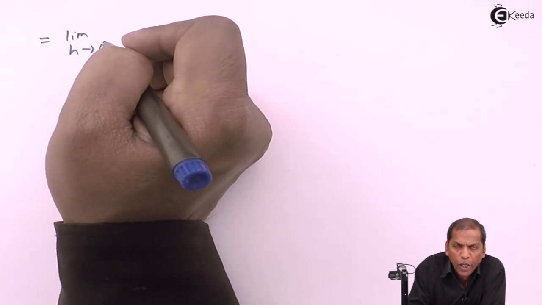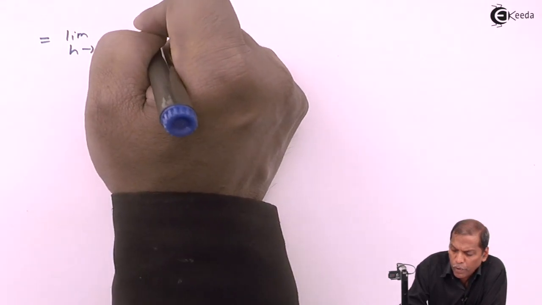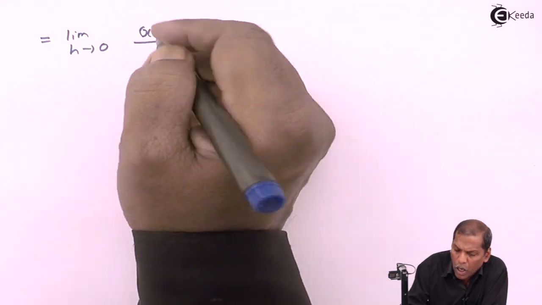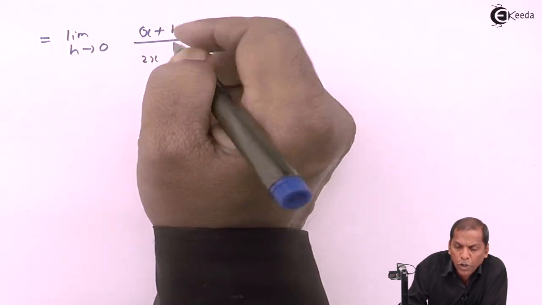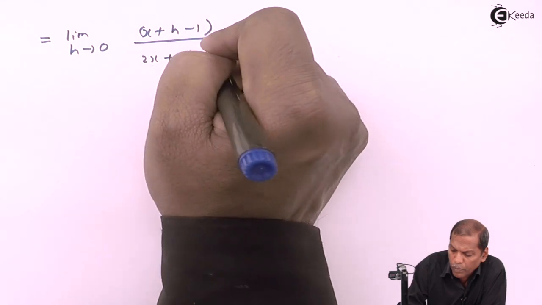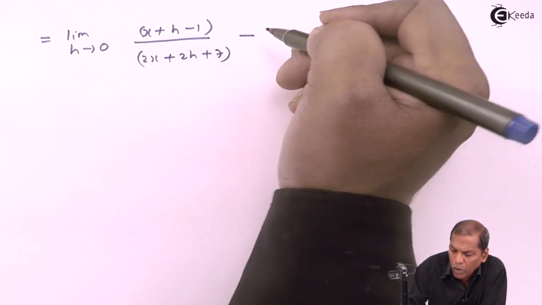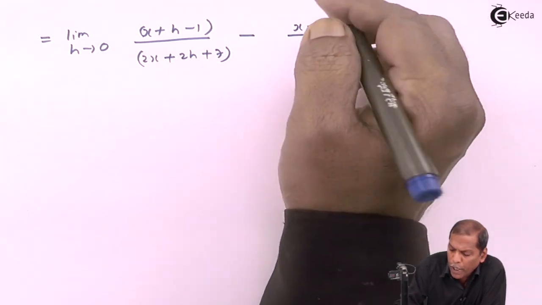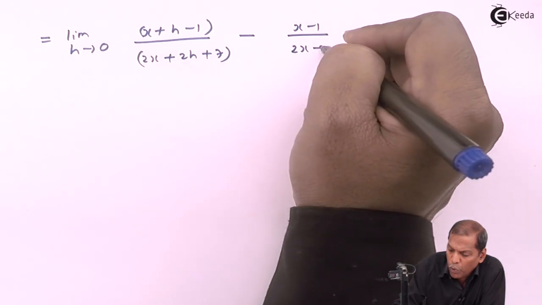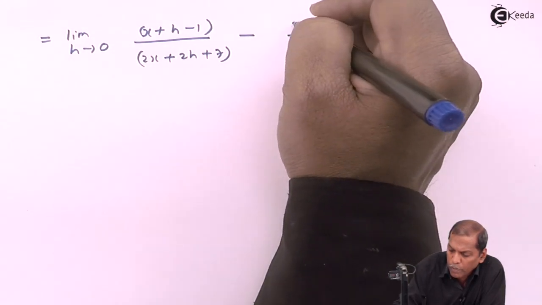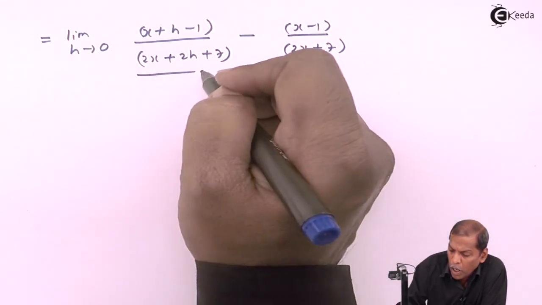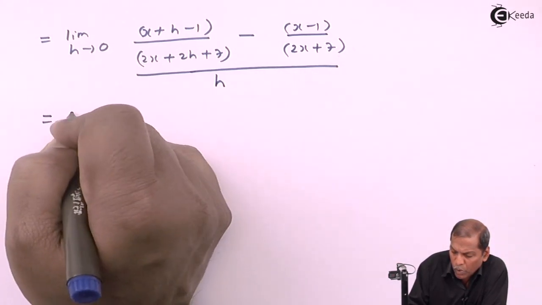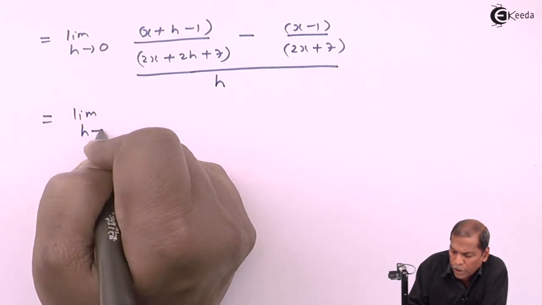Now for f(x + h), we substitute the value (x + h - 1)/(2x + 2h + 7), then minus f(x), we substitute (x - 1)/(2x + 7), and the whole thing divided by h, that equals the limit h tends to 0.